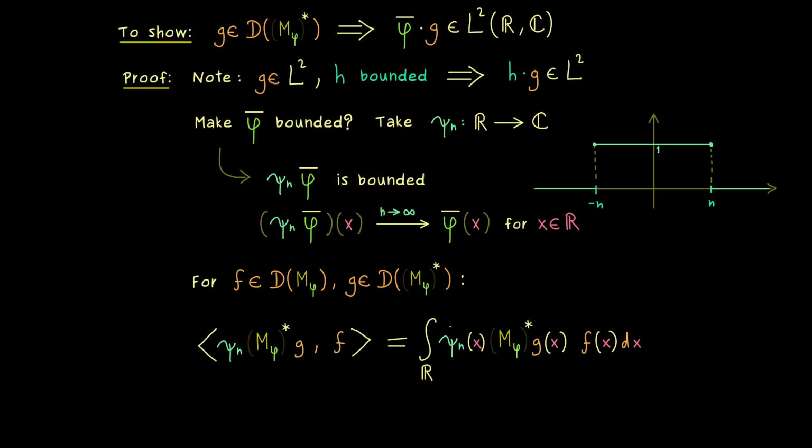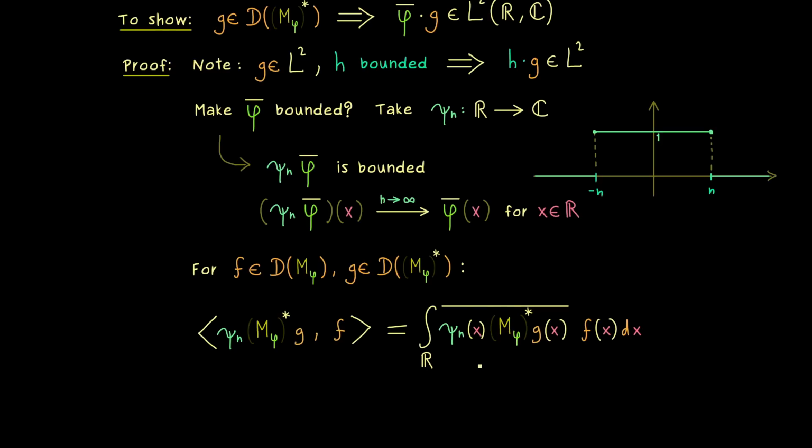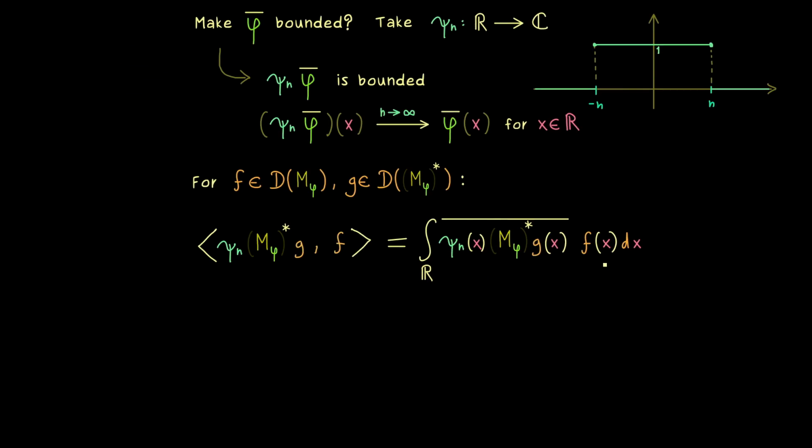As always, we have two parts in our integral, and the first one gets the complex conjugation. However, the complex conjugation will not change our real valued function psi n, because it's just 1 or 0 anyway. This means we can simply shift that to the right hand side as well. This is not a big change, but our inner product already looks different.